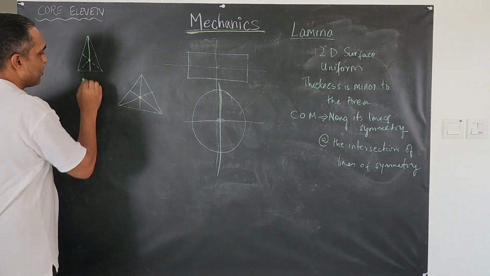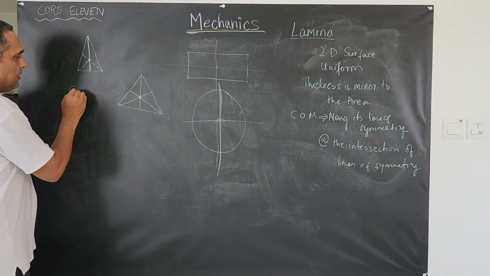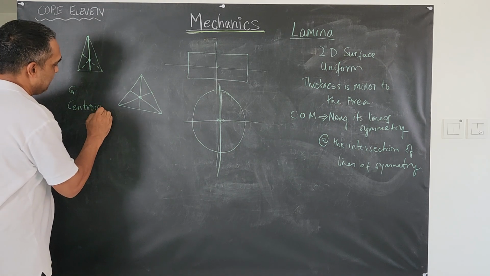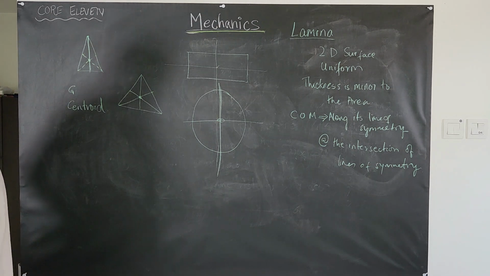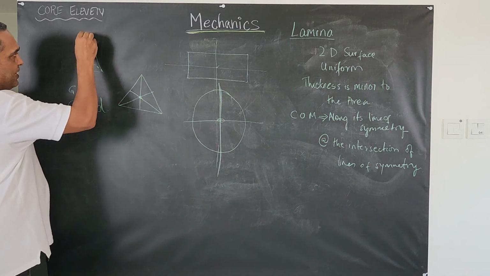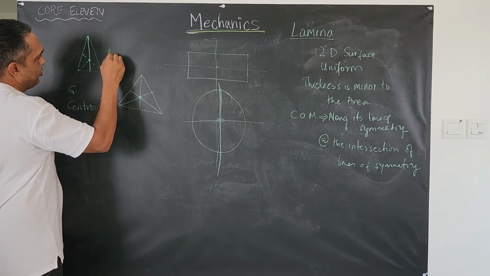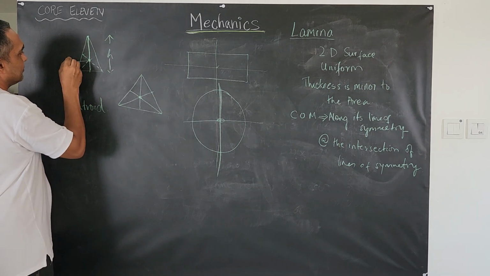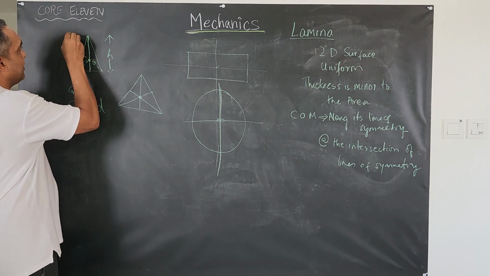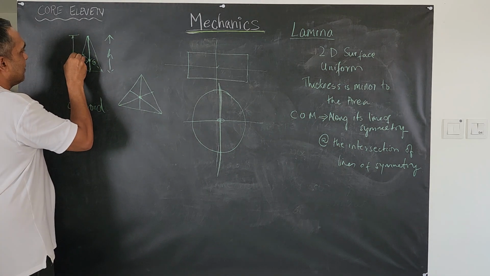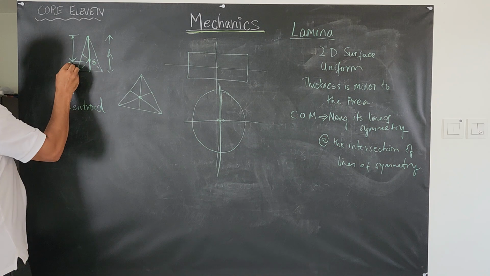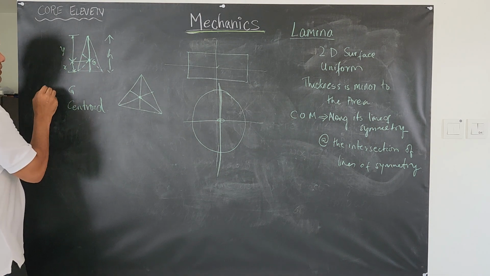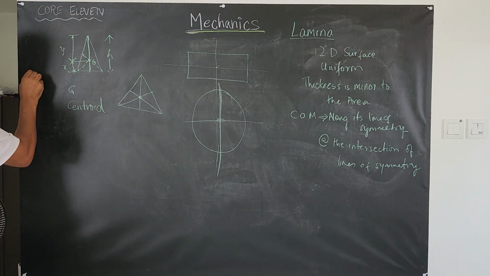And for a triangle, point G is called the centroid. I'm not going to mathematically prove it to you, but typically if you have a triangle like this of height h, and if G is the centroid, and let's say I have x and y, typically y is equal to 2x.